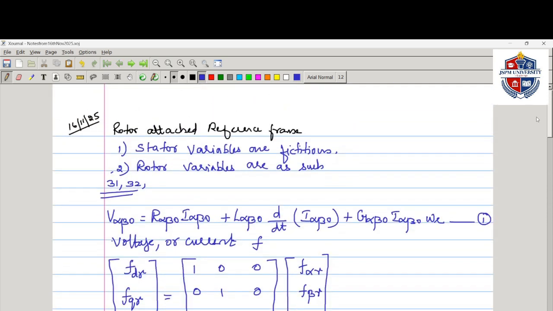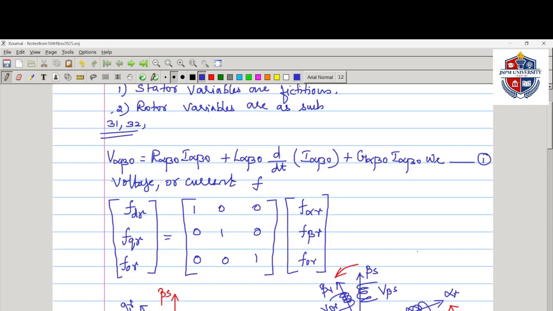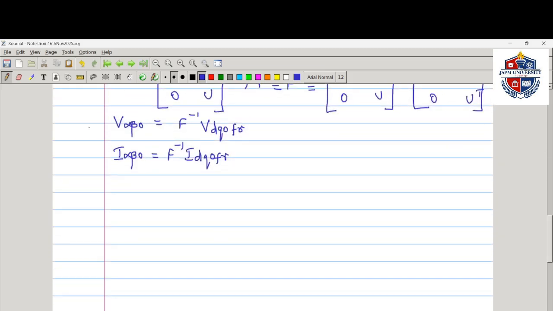So V alpha beta naught we will substitute here, and I alpha beta naught we will substitute everywhere. Wherever these voltages and currents are there, we are going to substitute. So hence, this first equation becomes F inverse into V dq naught FR, equal to R alpha beta naught into F inverse.